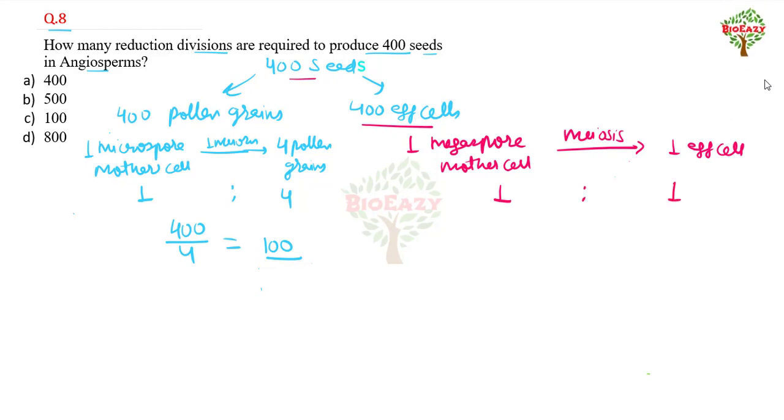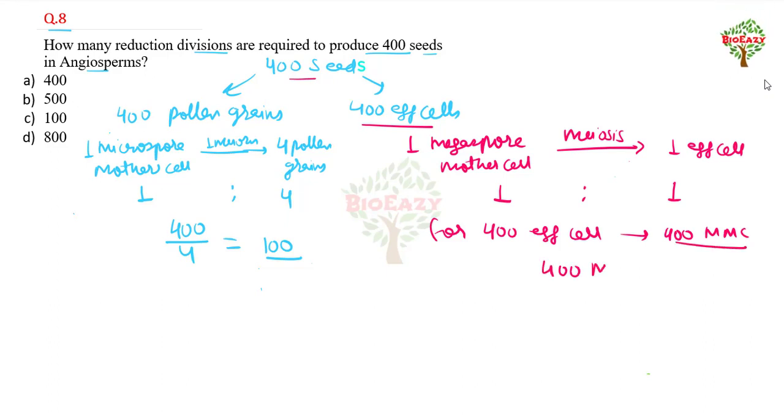So for 400 egg cells, 400 megaspore mother cells are required and 400 meiotic divisions are required.